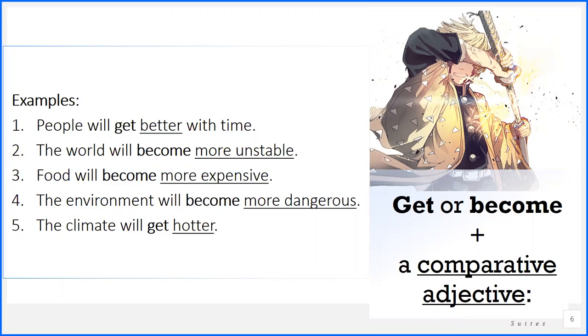The world will become more unstable. Food will become more expensive, and so on. Make sure that you guys analyze where we're adding get, become, and where we're adding the comparative adjective. This is all right after will.